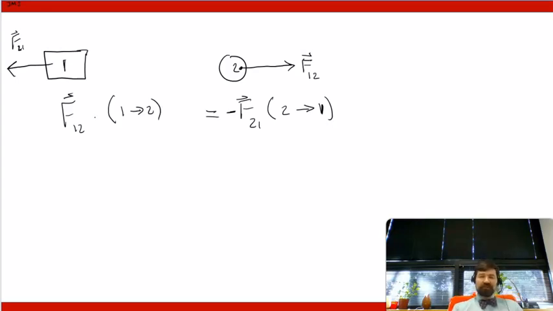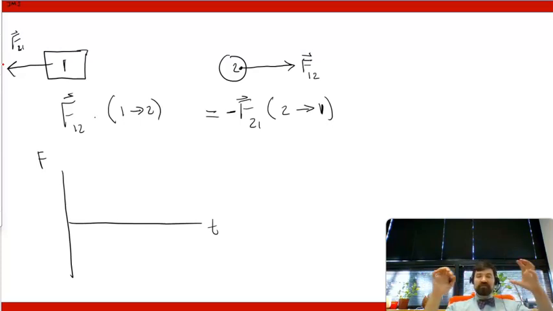Now, if I was going to plot forces and time, maybe I have a little plot, and on this axis I have force, and on this axis I have time. I want to plot the interaction between object 1 and 2, maybe in a collision, where they crash into each other.